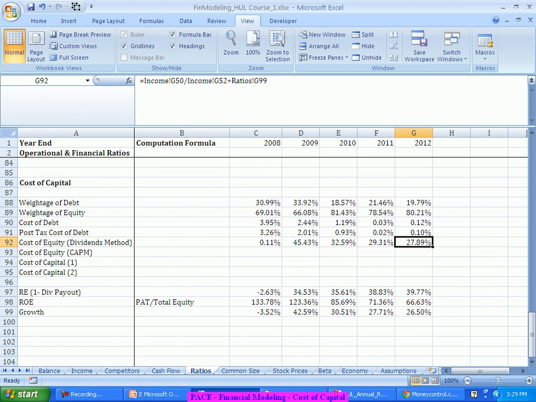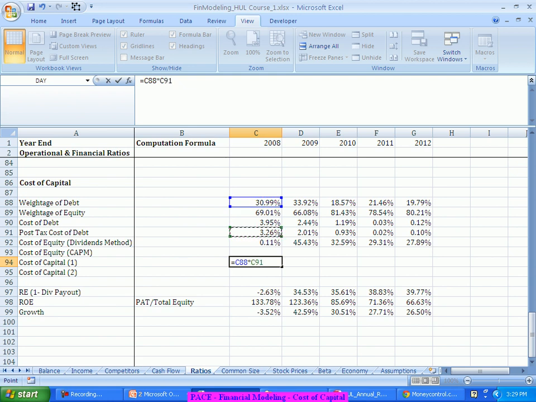Now going with the cost of capital as per this first method: weightage of debt into post-tax cost of debt, KD into 1 minus T, plus weightage of equity into cost of equity.